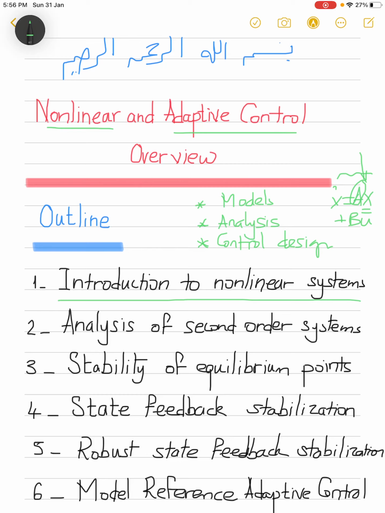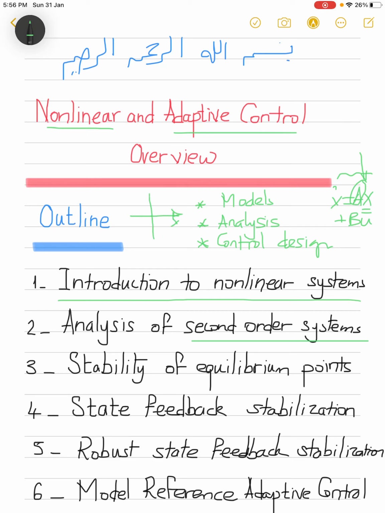And again, as in a usual sequence in a control system, we start by talking about second order systems. The reason for that, of course, is that there are some physical systems that can be represented in the second order form. However, in addition to that, in nonlinear systems, we will be able to visualize the performance of the system using a space which consists of the two states.